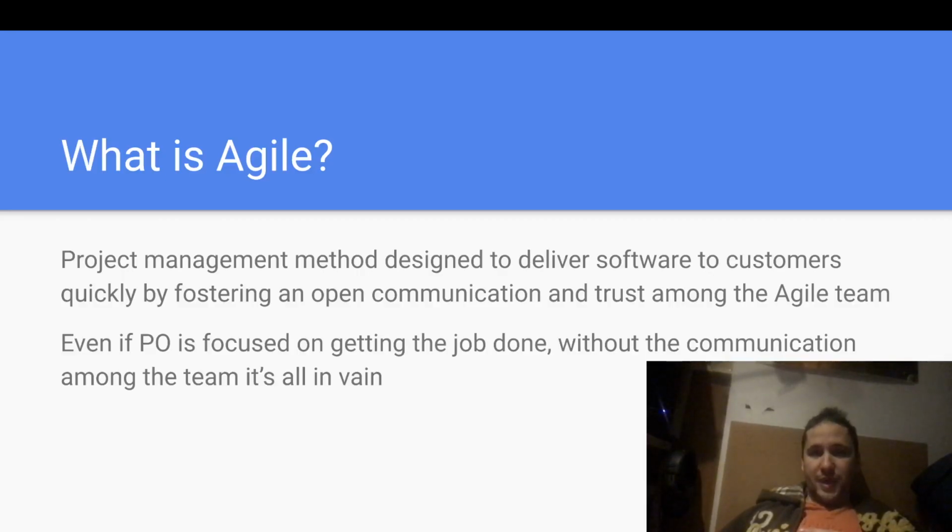Way back when software development was actually there, if you don't believe it, Agile itself started to exist from 2001.